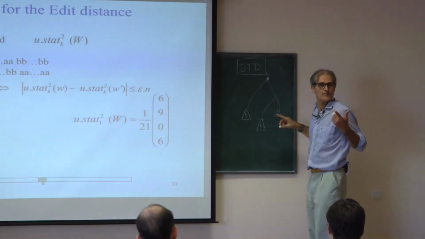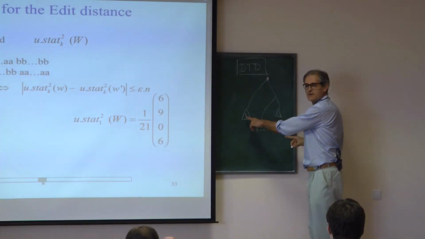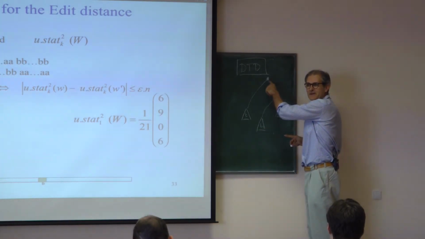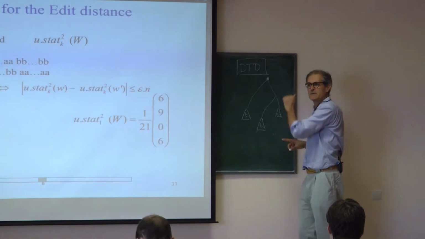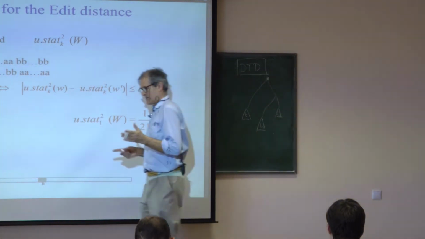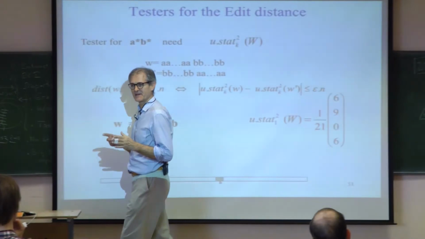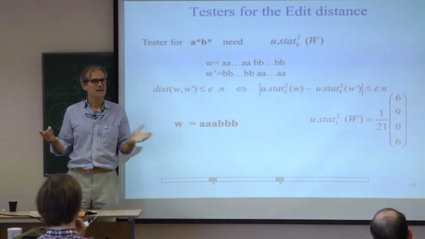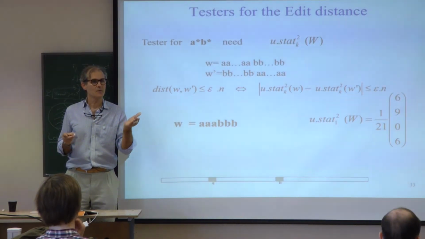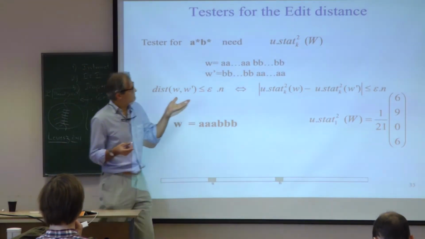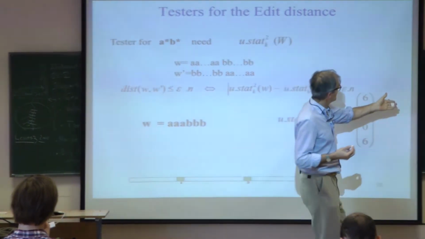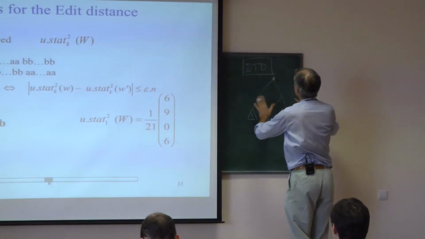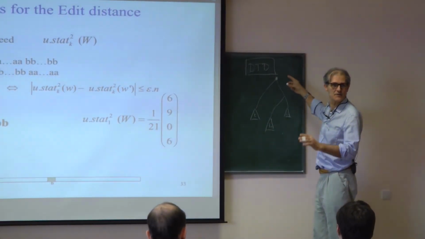Unless you assume that you have some information about the least common ancestor, you're not going to be able to do much. Because if you don't have information about the least common ancestor, essentially you have the basic statistics of order 1. I'm going to show you an example, equivalent to the A star, B star, where it's not going to be enough for what I want to do.